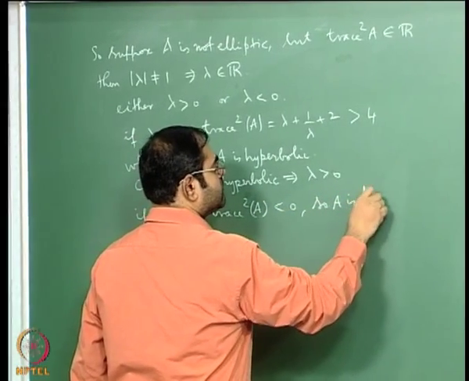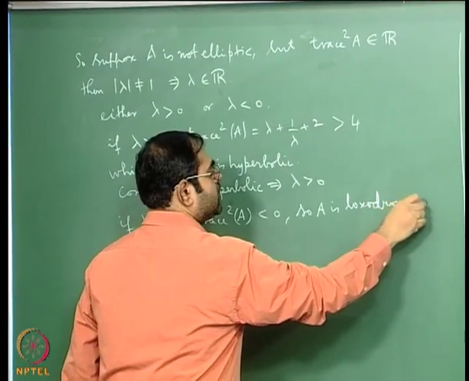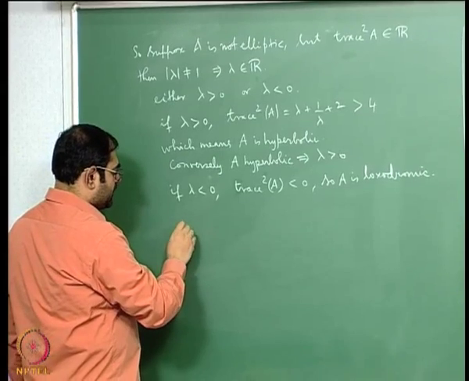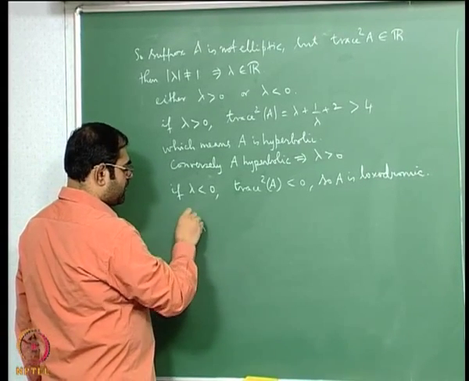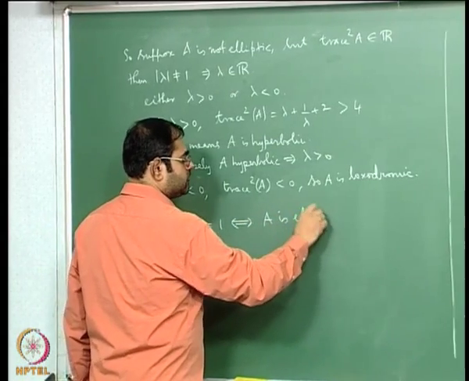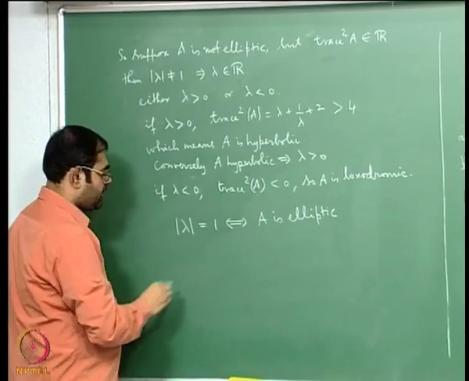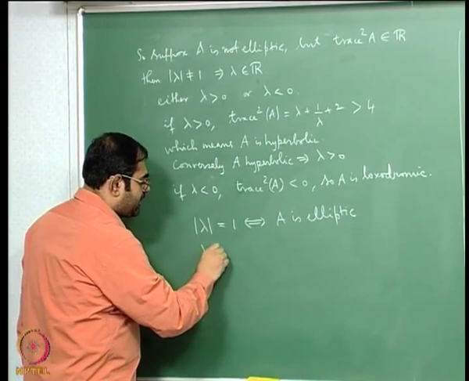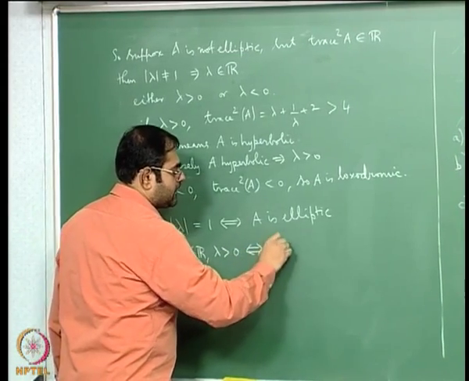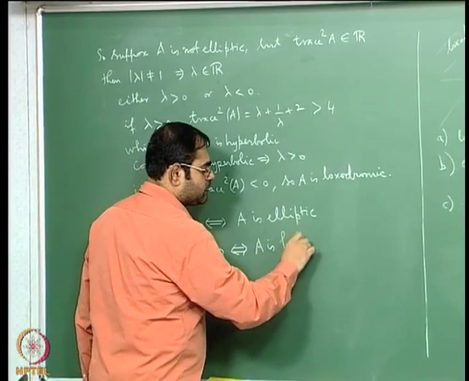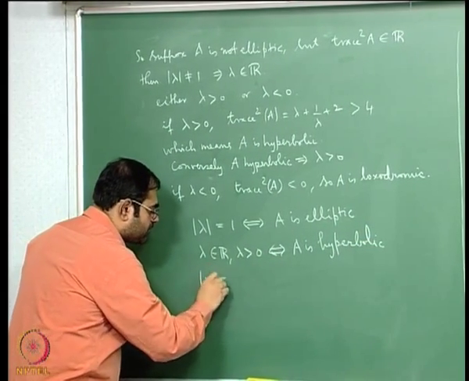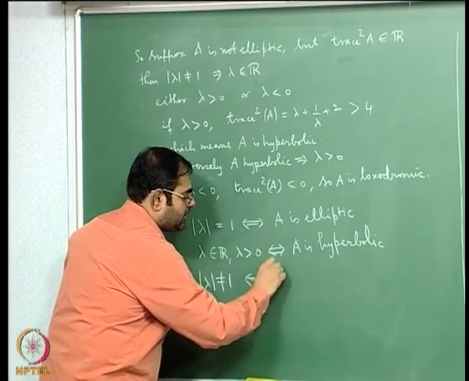So the upshot of this whole discussion is the following. Mod lambda equal to 1 if and only if A is elliptic. Lambda real and positive if and only if A is hyperbolic, and mod lambda not equal to 1 if and only if A is loxodromic.